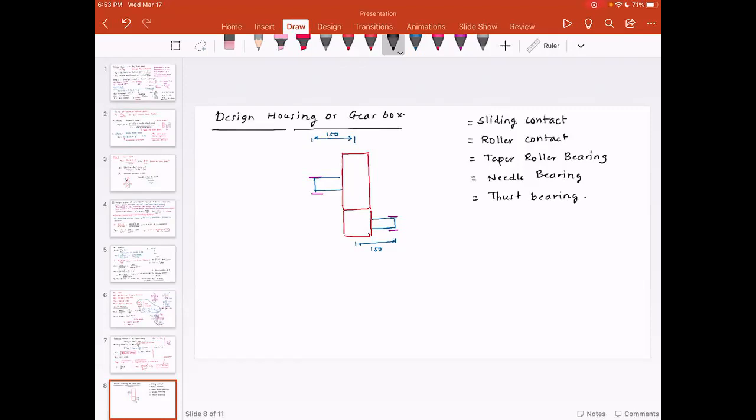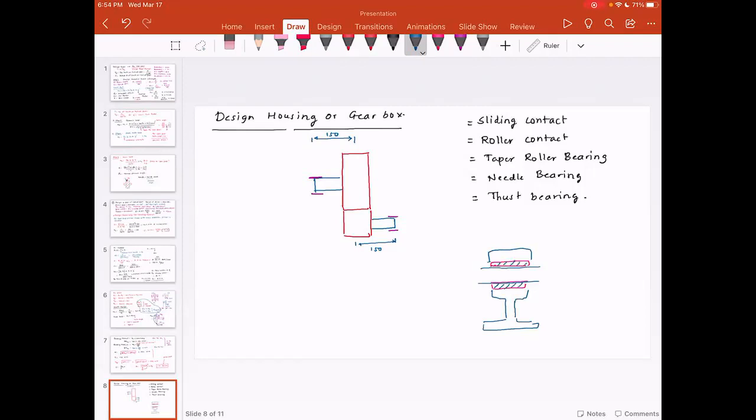Let me quickly talk about how a sliding contact bearing works. A sliding contact bearing is nothing but a bushing. So this is the shaft, this is the bushing, and this is the case. So this is the sliding contact bearing.